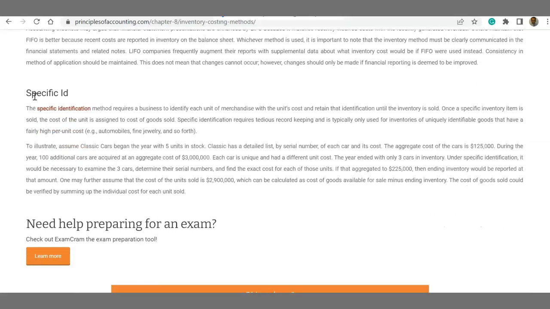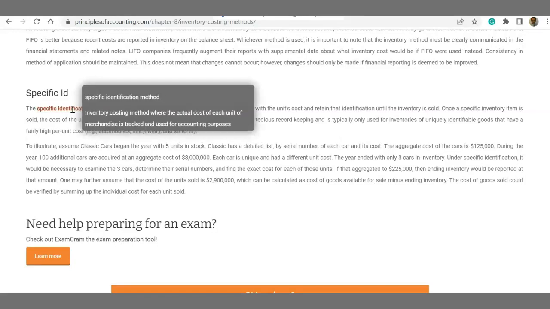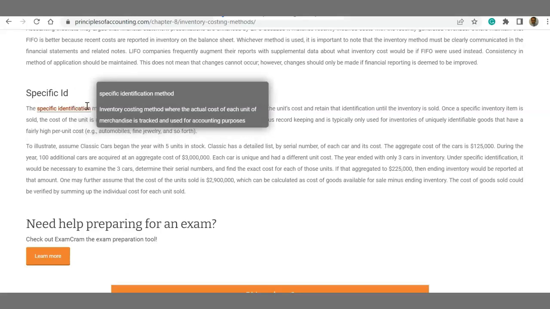There's also one way to do besides those three, which is the specific identification method, which is an inventory costing method where the actual cost of each unit is very easy to track, and we're going to use it that way. So for example, if you want to buy a car and you do the test drive and you like it, the salesperson will take the VIN number of the car and takes it to the office.